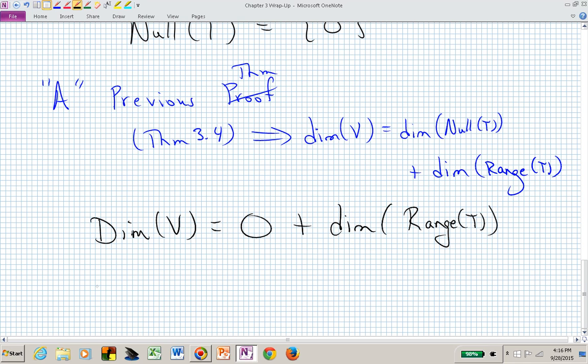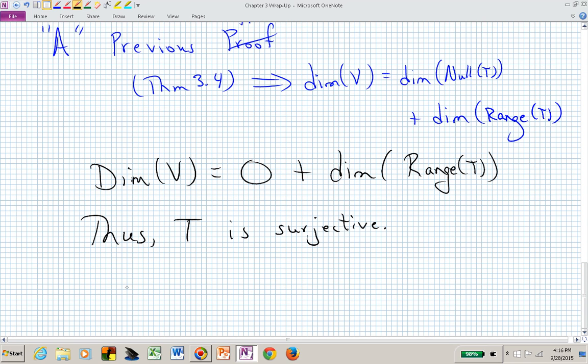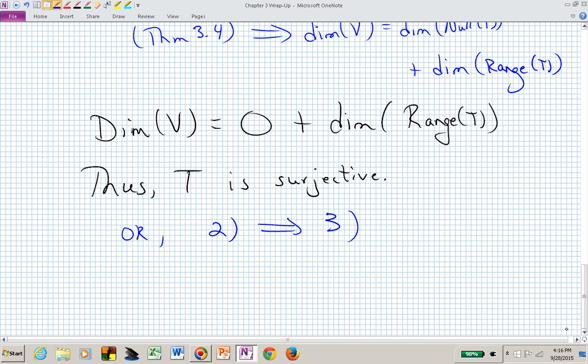This now says, thus, this map T is surjective. Now what we've shown is that 2 indeed does imply 3 for the second part.